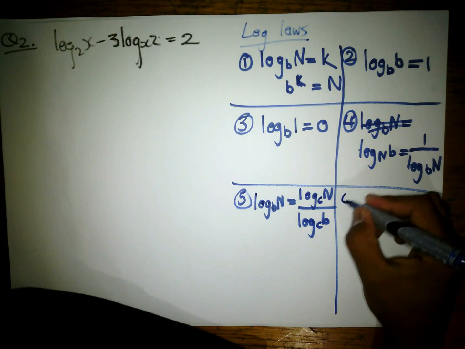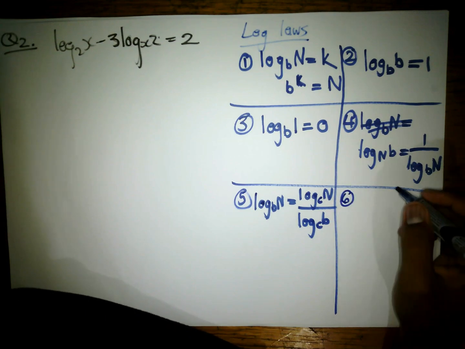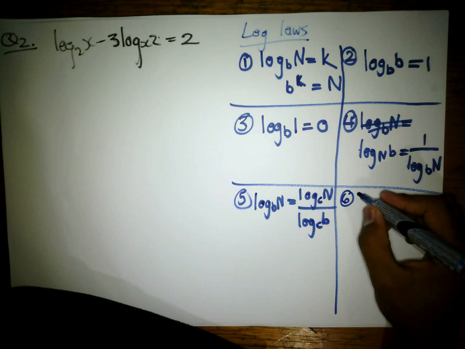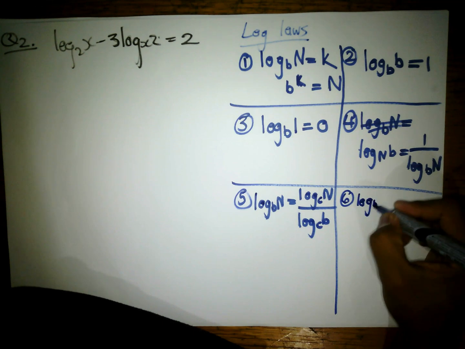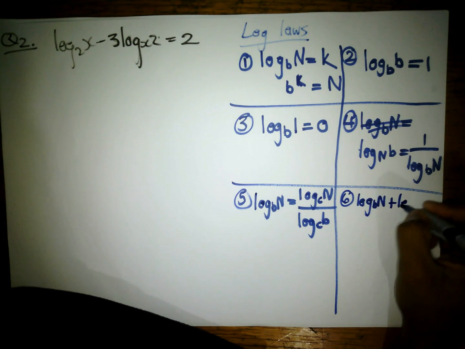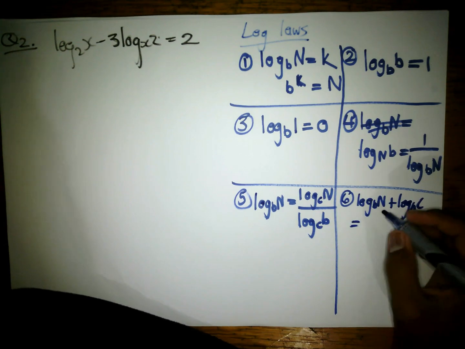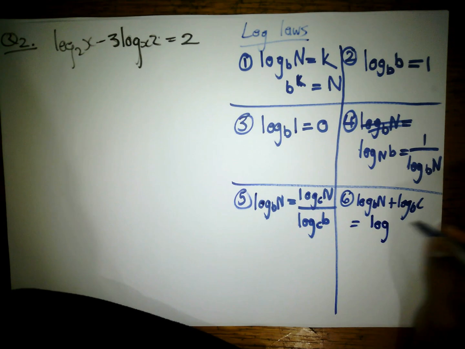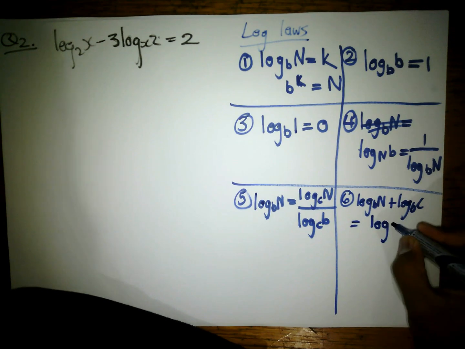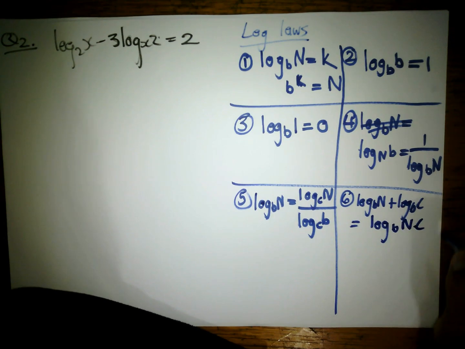Number 6. Number 6 is saying log b n plus log b c equals log b of n times c.